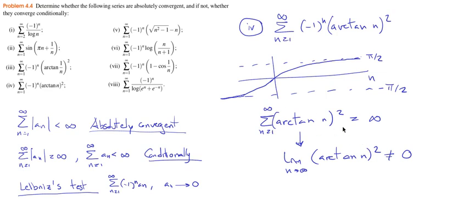In order for a series to be convergent, a necessary but not sufficient condition is that this limit is 0. But if its limit is not 0, we can say that the series will not be convergent. It also is not conditionally convergent because, if we apply the Leibniz test, this a sub n, which is the arctangent of n squared, is not monotonically decreasing, and its limit is not 0. So this series is divergent.